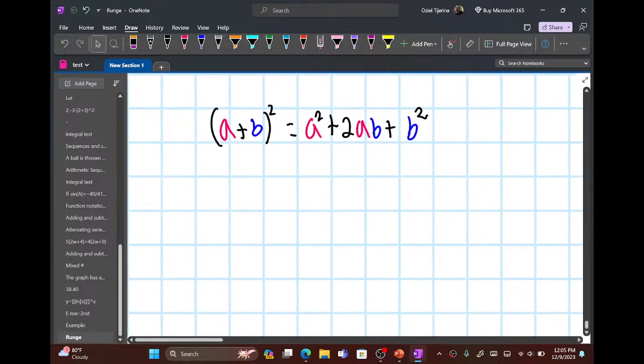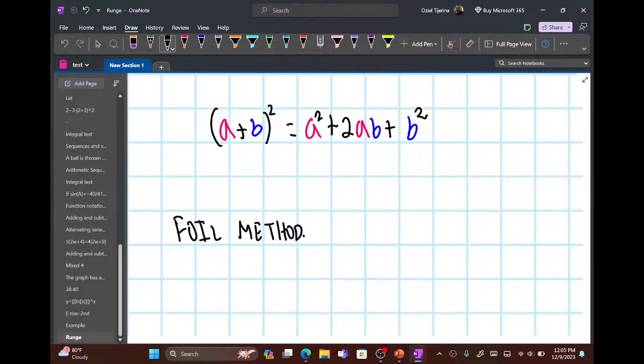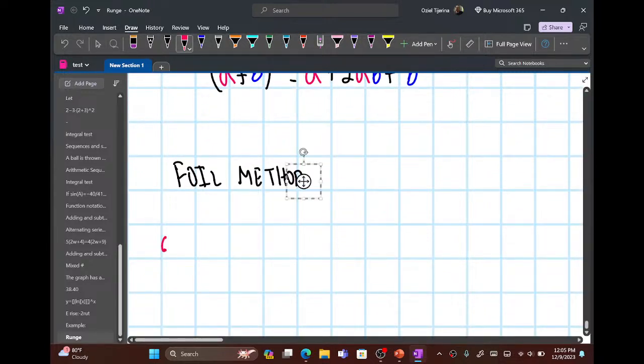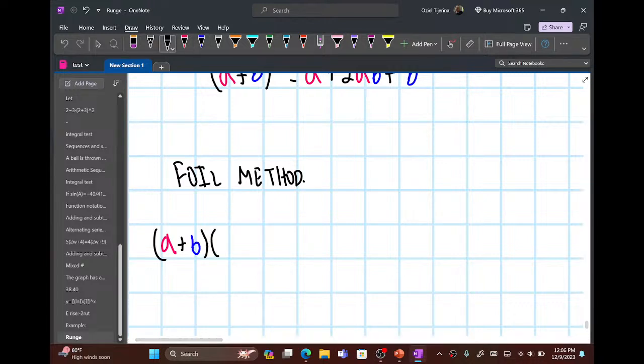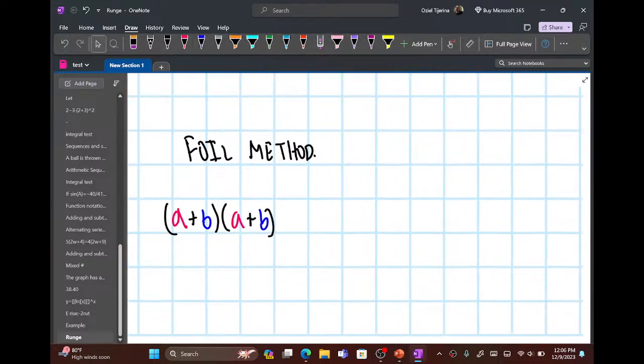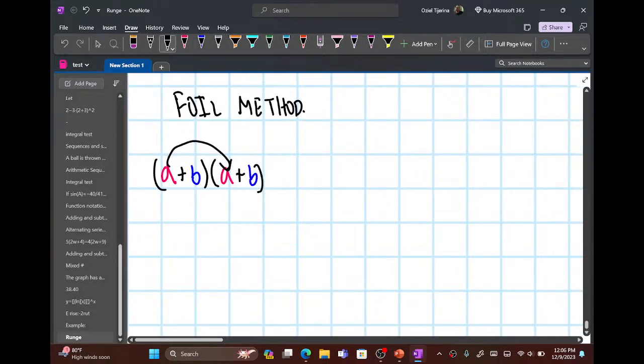So there's also the FOIL method, in case you don't understand how to do this. If I do a plus b times a plus b, this is going to give me a squared plus ab.